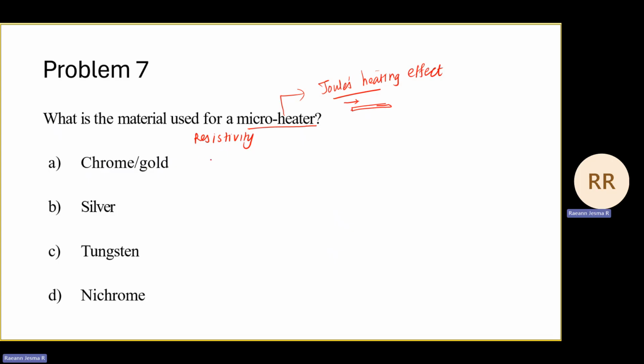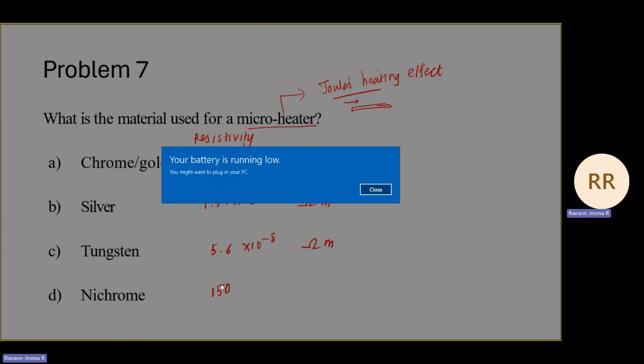Chrome gold has a resistivity of around 2.44 into 10 power minus 8 ohm meter. For silver, the resistivity is 1.59 into 10 power minus 8 ohm meter. Tungsten is 5.6 into 10 power minus 8 ohm meter, and for nichrome it is 150 into 10 power minus 8.